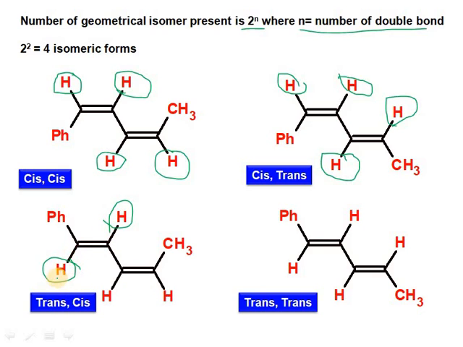Therefore this isomer has both the first and second carbon-carbon double bonds trans.